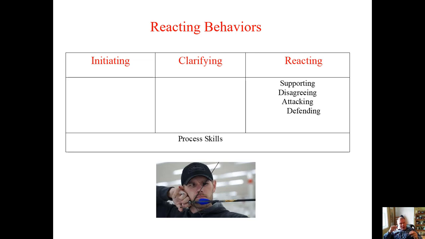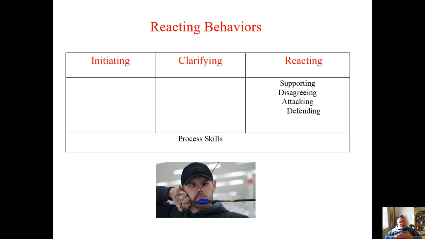So supporting and disagreeing. It's okay to disagree. I disagree with you because I think, okay, in my opinion, I disagree with you. It's very fact-based as opposed to an emotional response.